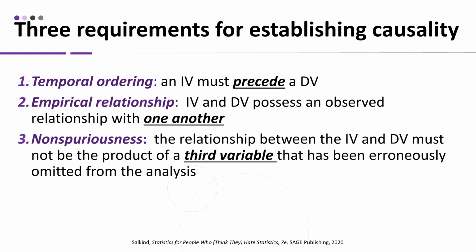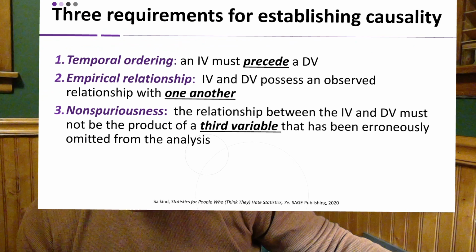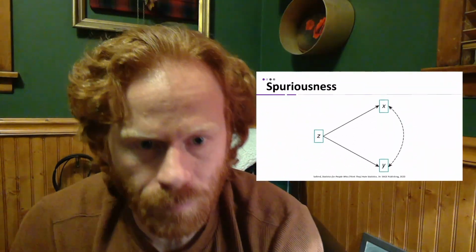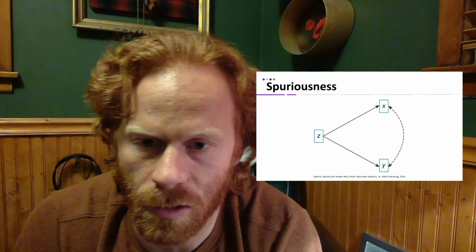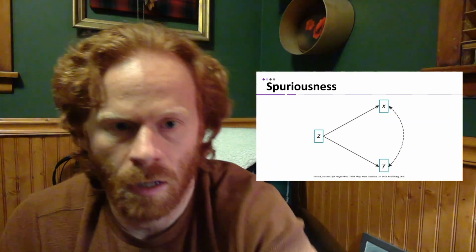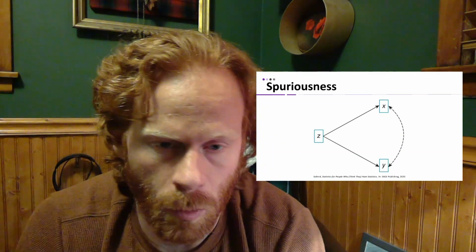And non-spuriousness. This is the idea that the relationship between the two variables, the independent and dependent, must be because of those two variables, and there must not be a third or possibly several more variables that have been omitted from that analysis. And what exactly does that mean? If we have a situation here, we're looking at x and y as these variables that we've been discussing, and we see a relationship between those two.